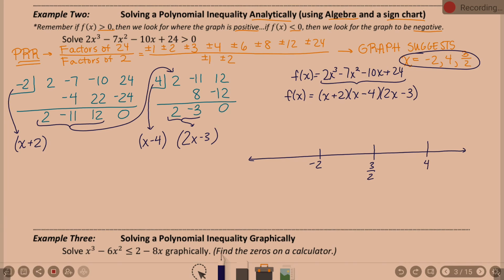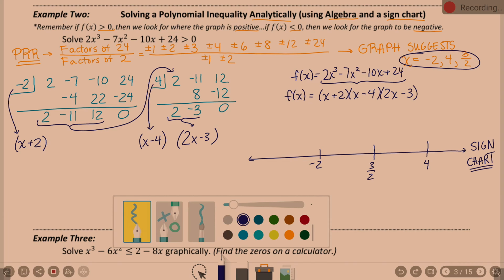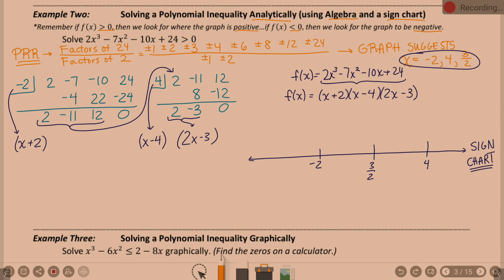Okay? So when you're asked to do a sign chart, this is what I'm talking about with a sign chart. So pick a value and test. What do you want to test? Left of -2. I would probably test -3.